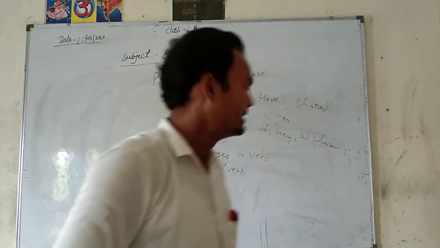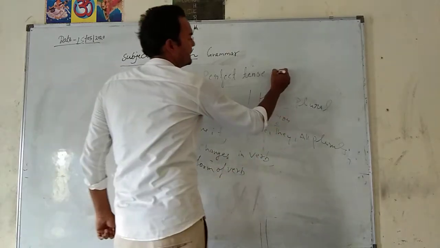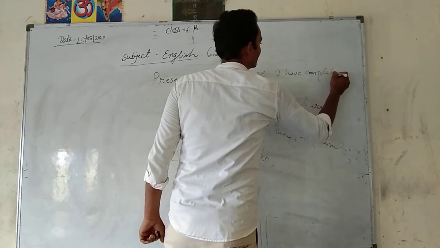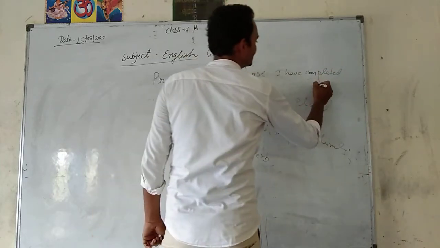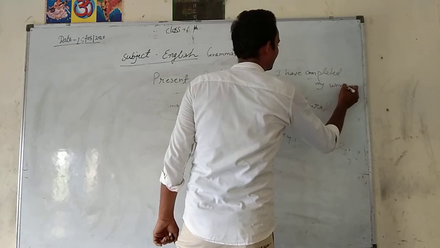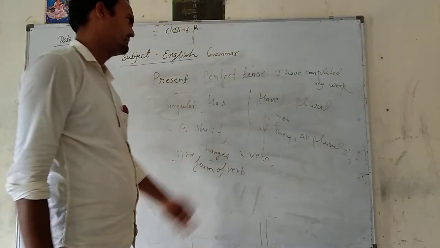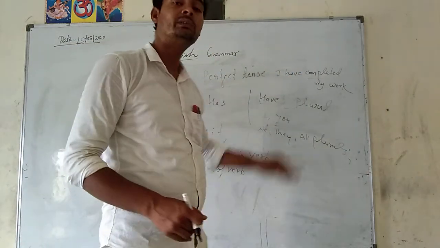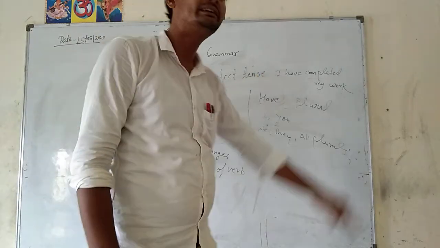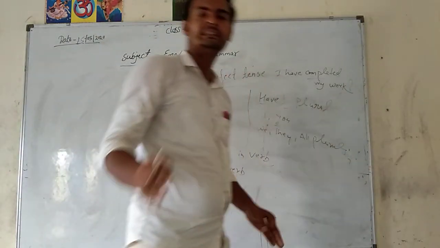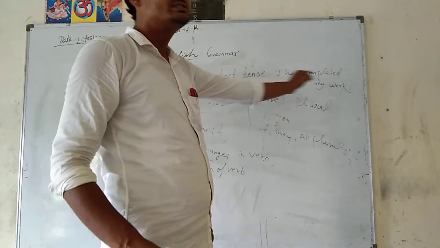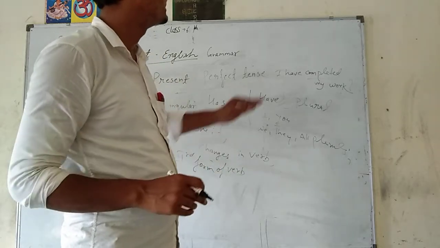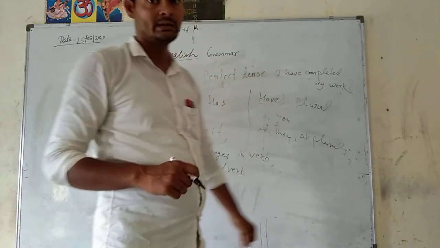For example, I have completed my work. Completed is the third form of complete. In a negative sentence, I have not completed my work. If we change this sentence into an interrogative sentence, have I completed my work? Question mark. And in an interrogative negative sentence, have I not completed my work?